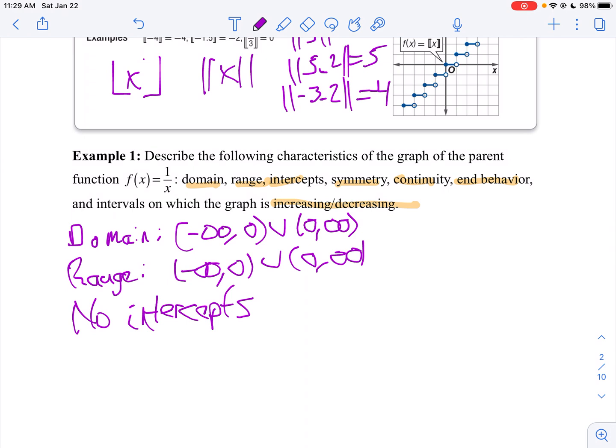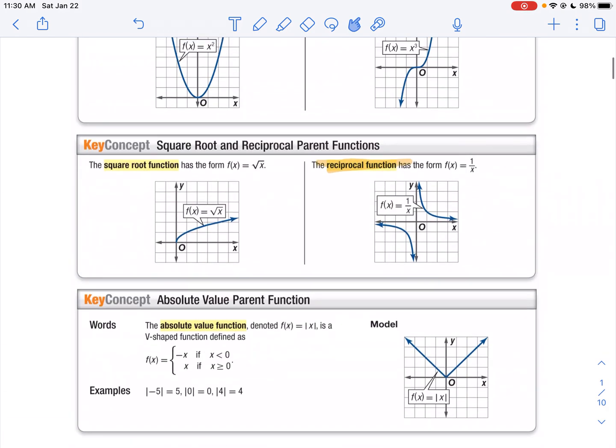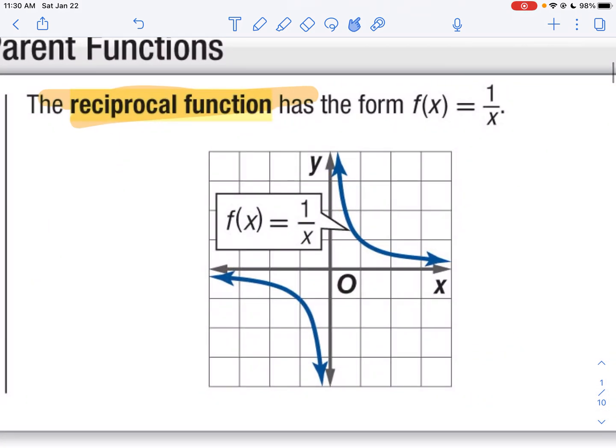Now let's look at continuity. Can I draw this function without lifting up my pencil? No, you can't, because it's not defined at 0. Pretty much what we said all along. And notice it has infinite discontinuity at 0.